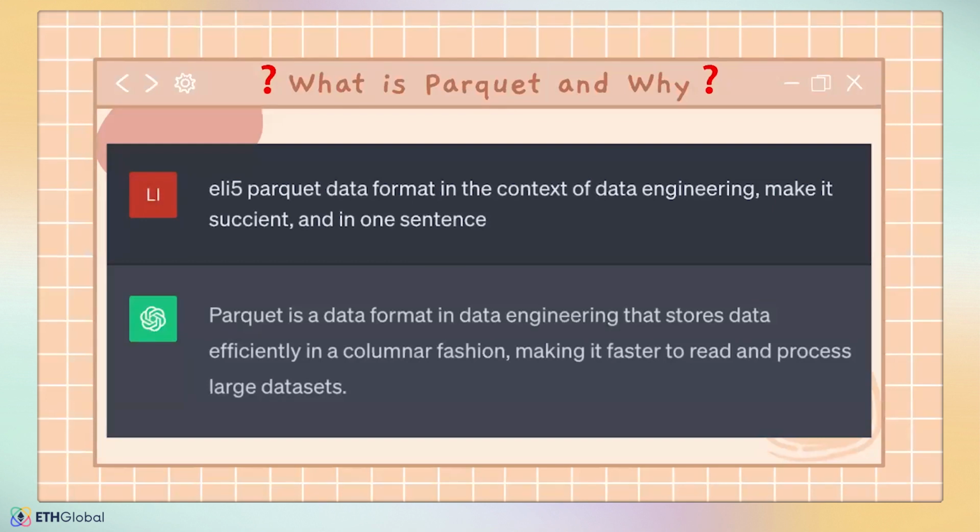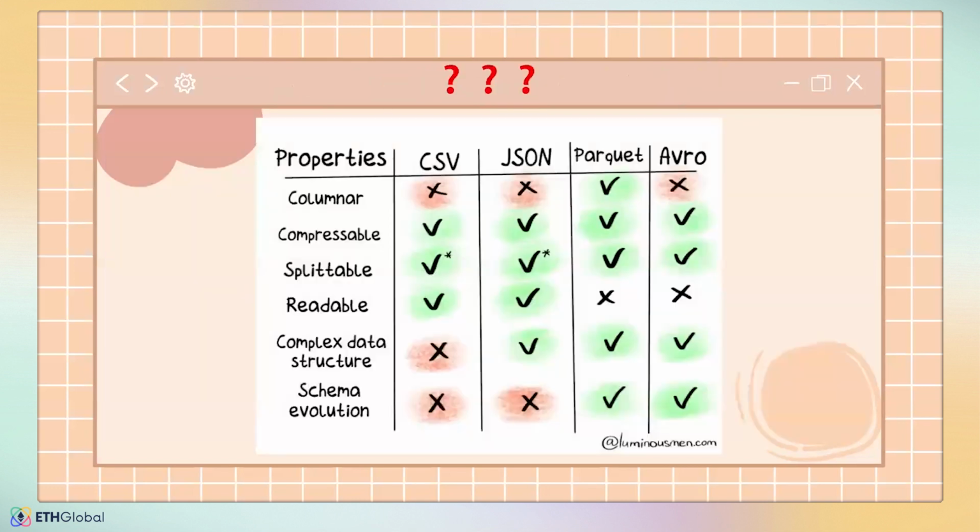The only issue with Pocket is that it's not human readable, and you have to use a tool to consume it. So yeah, this is the comparison between Pocket and most file formats. For example, we can ignore columnar, compressible, splittable.